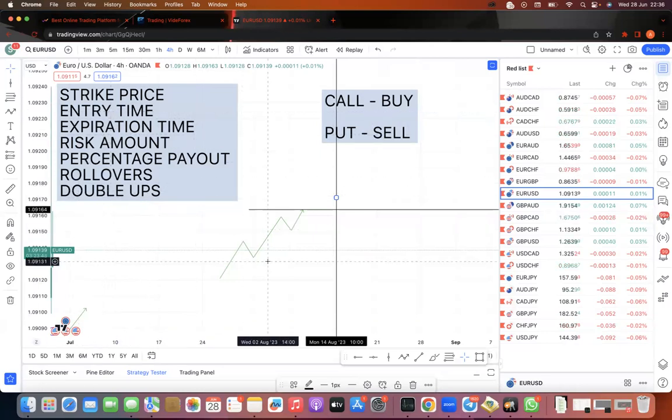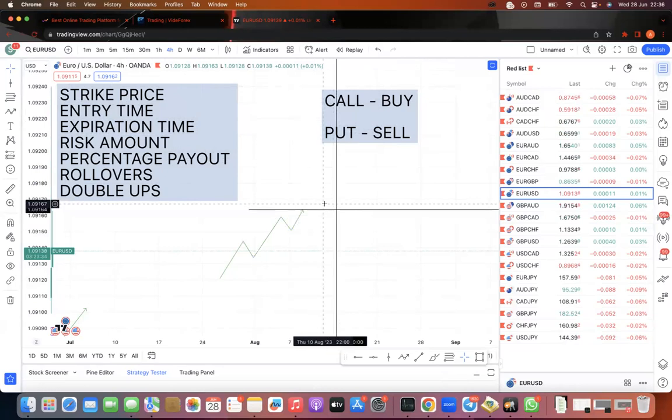All right, so now, since I clicked on buy or call, my prediction is that when this market gets to the end of this 5 minutes, the price is going to be above my entry price. Do you understand?